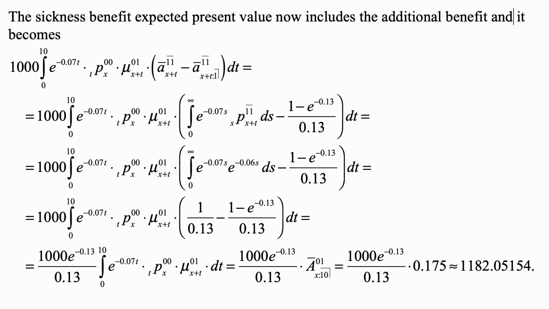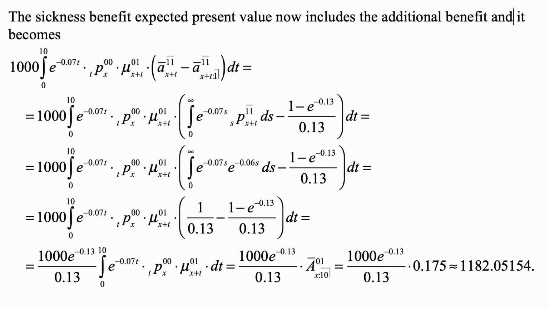This probability of continuously remaining in state 1 is calculated just by adding the forces of going out and putting them in the exponent, so it's e to the minus 0.06 s ds. So we plug that in, and of course you can see that this integral from 0 to plus infinity becomes the integral from 0 to plus infinity of e to the minus 0.13 ds, so that's equal to 1 over 0.13, because it's an annuity to infinity at a force of interest of 13%.